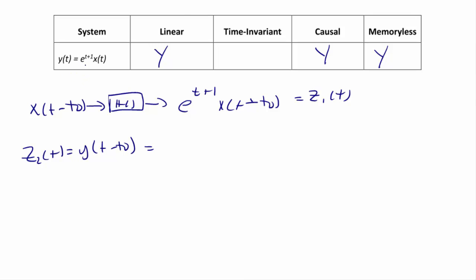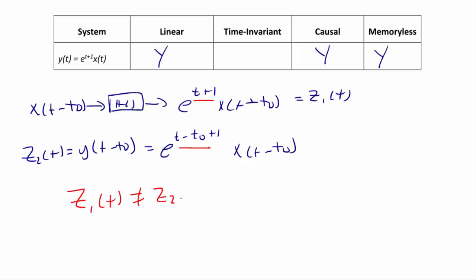So every value of t becomes t minus t naught. So this is e to the t minus t naught plus 1 x of t minus t naught. So now what keeps z1 and z2 from being equal is the exponent on e. So because z1 of t is not equal to z2 of t, this is not time invariant.